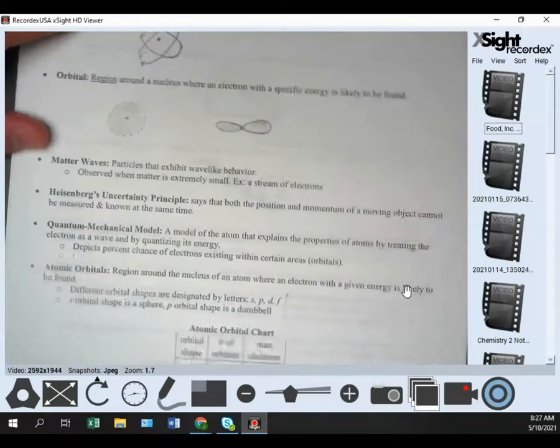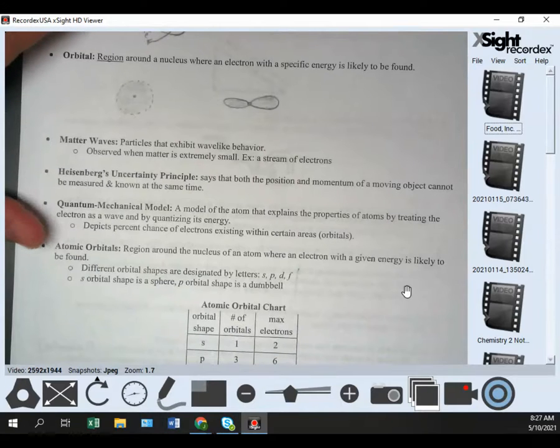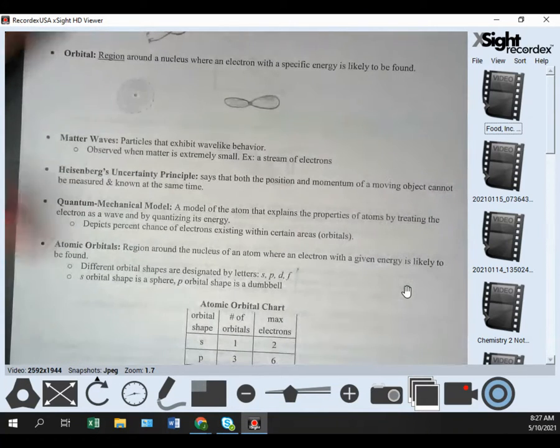Now we get to some weird stuff. Anybody ever heard of Heisenberg's uncertainty principle? It says that both the position and the momentum of the moving particle can't be known at the same time, because the way that we observe them is impacted by their movement.